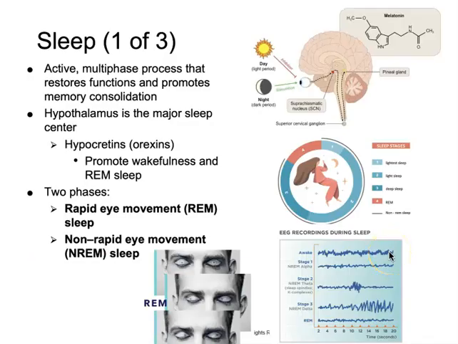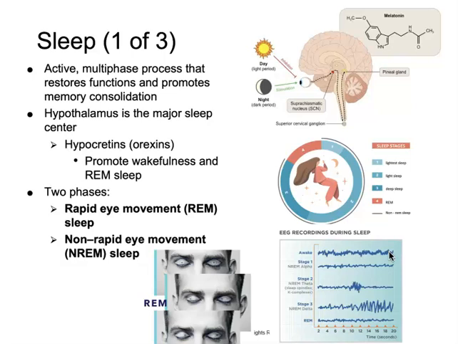Now let's talk about sleep. This is going to be an active multi-phase process that is going to restore functions and promote memory consolidation. So you can imagine how important sleep is to you memorizing this information. Our hypothalamus is going to be our major sleep center, and we have our hypocretins that are going to promote wakefulness and our REM sleep.